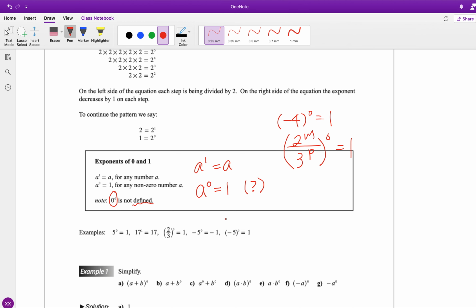I remember a couple of classes ago, I asked students to give me a couple of examples of irrational numbers. And one student said, how about that? Isn't this an irrational number? Well, as a matter of fact, this one is neither a rational number nor an irrational number. This one is undefined.